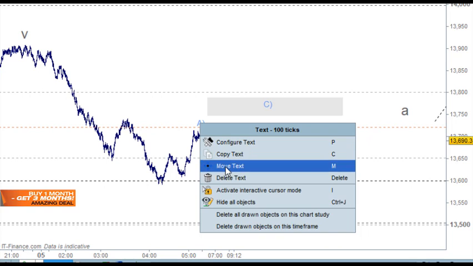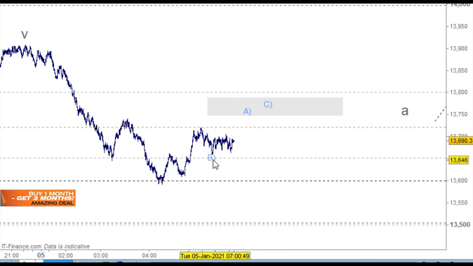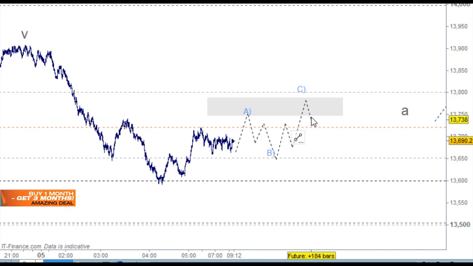But maybe we could just place that out as the A wave here, pull that back over here for the B wave, and then the C wave moving up into this space here. So for it to be bearish, we would need to see 5 waves there, then we'd need to see 3 waves here, and then we'd need to see 5 waves here as well. So that's what we would need to see for the bearish picture.